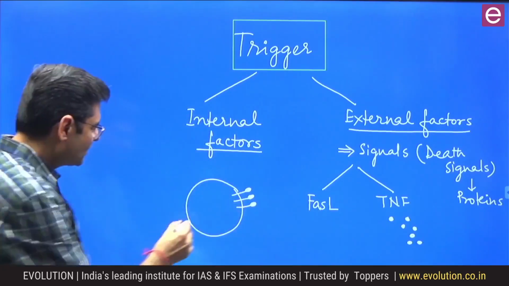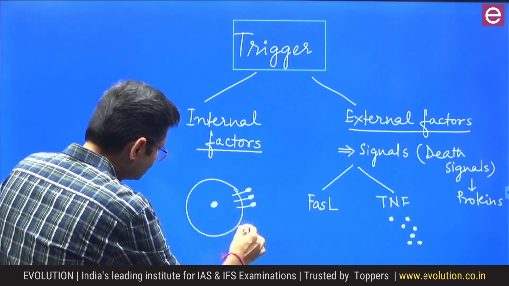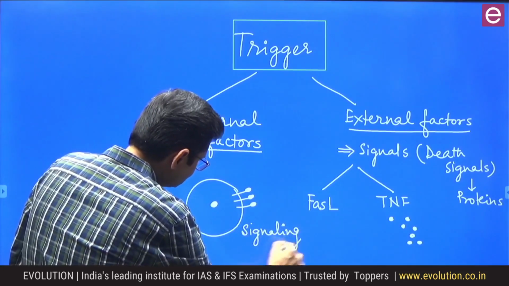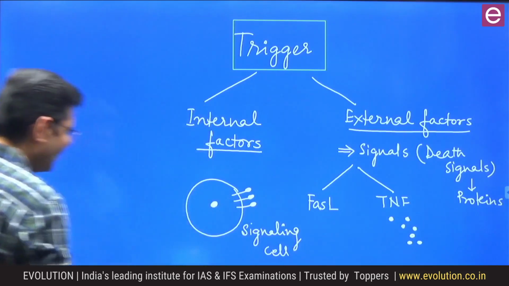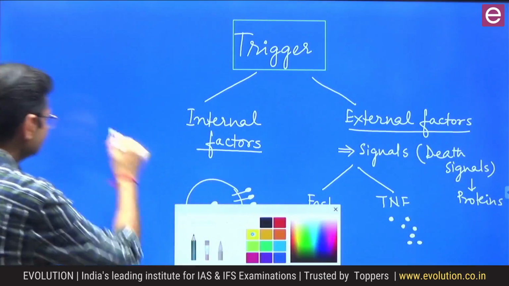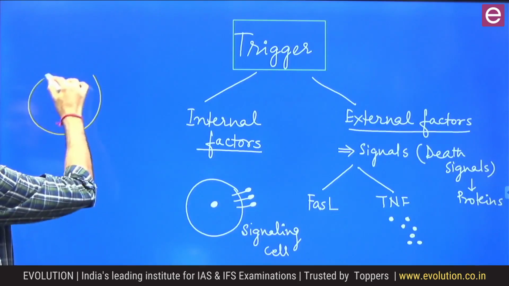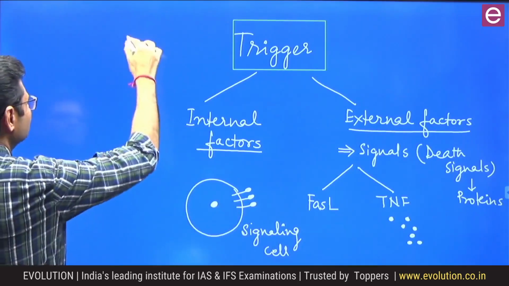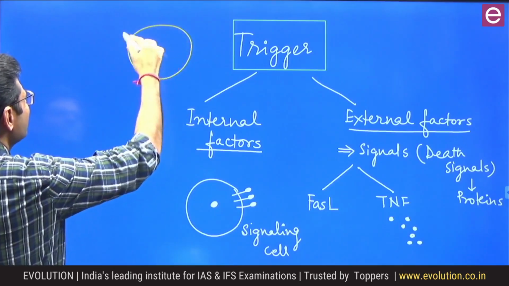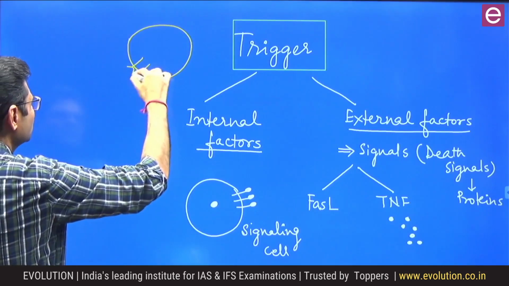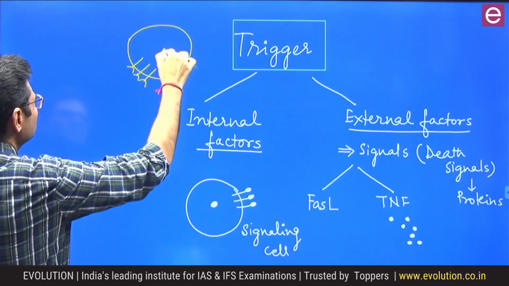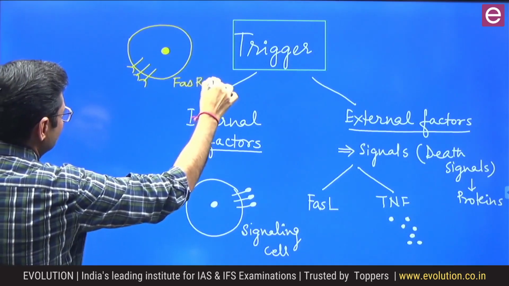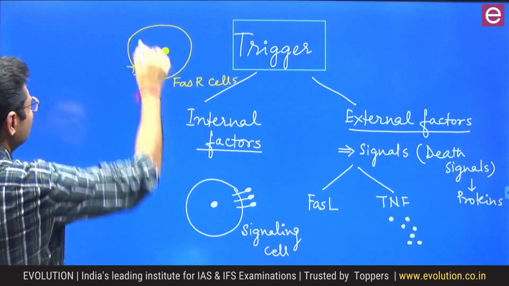When we talk about FAS-L, this is the cell that will cause another cell to die. This is a signaling cell, and it will be targeting a cell which has the FAS receptor. This is the target cell.